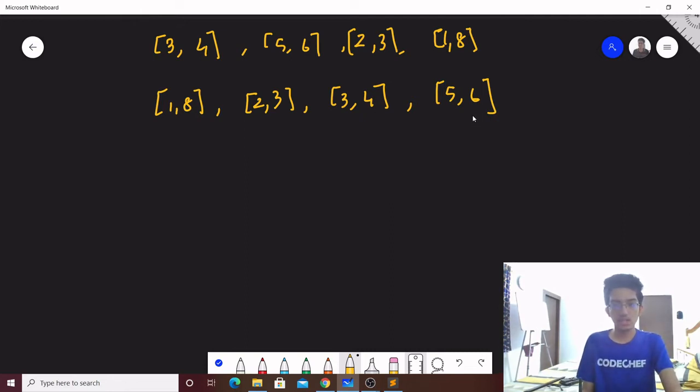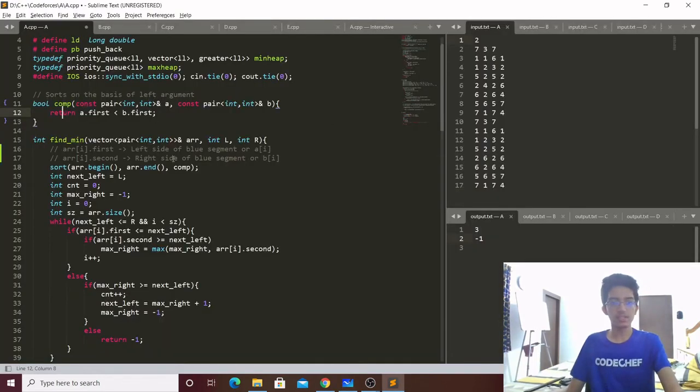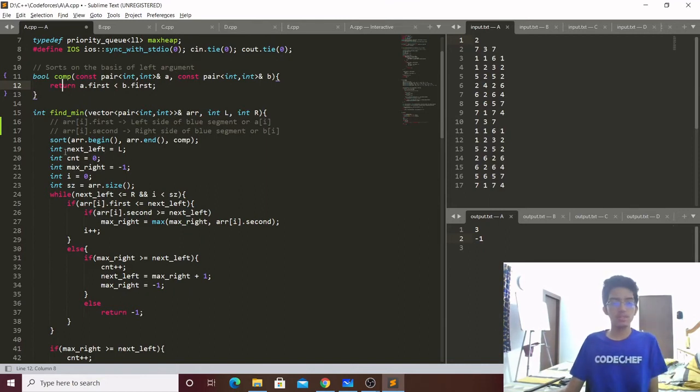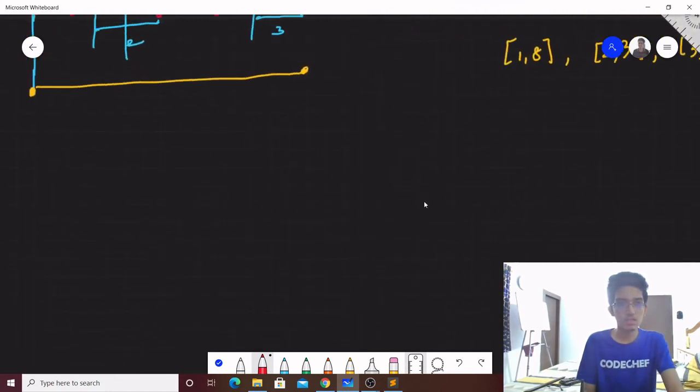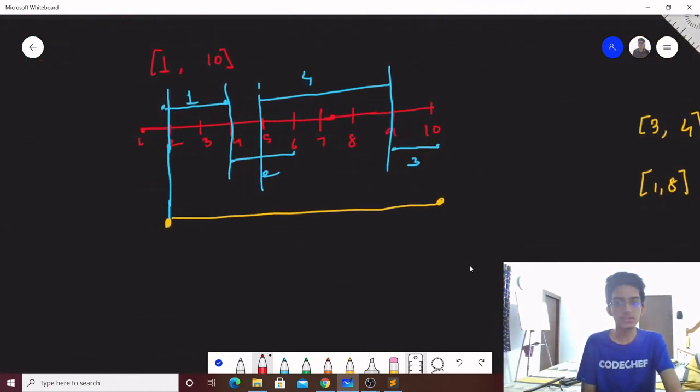All right. And what we want to do is merge these segments and check whether or not these merged segments cover the red segment or not. Okay. So let's mark the starting point that we want to cover as next left. So let's say, in this example only.